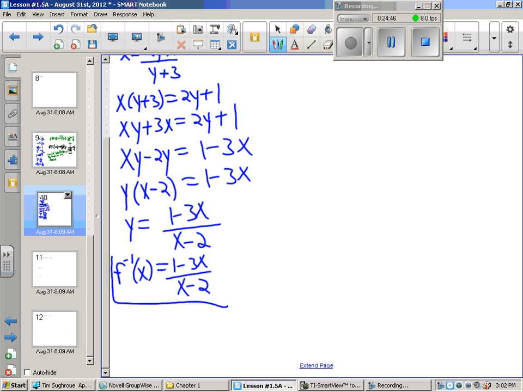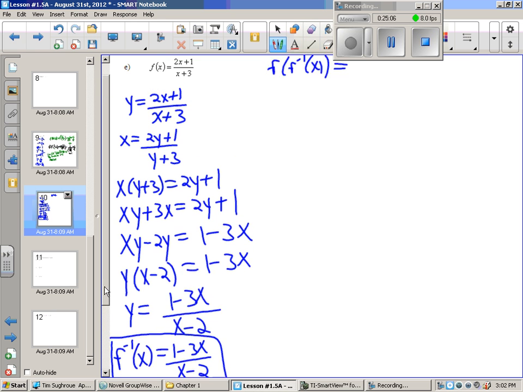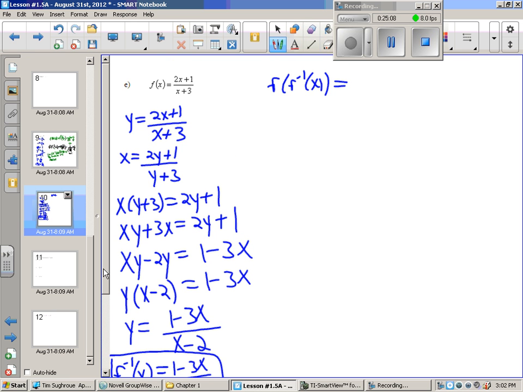Now students don't like the rational ones because they do involve a lot more detail when you go to crank out the composites. And here are the composites. If we're going to go f of f negative 1 of x, we'll go this direction first, although it doesn't matter. The inverse function, again, is 1 minus 3x over x minus 2. That's the inverse. Now, it's got to go through the f function.